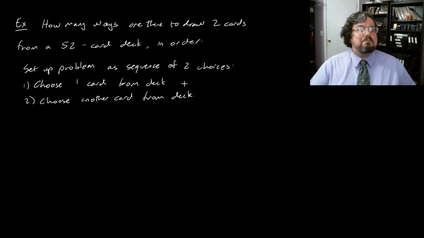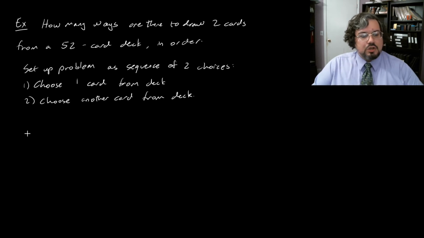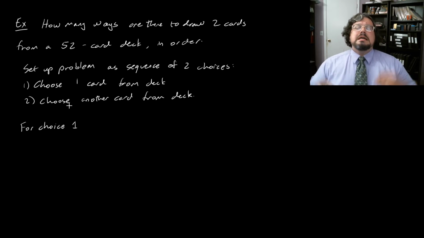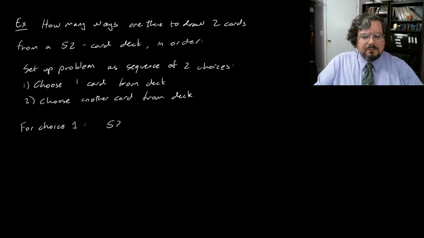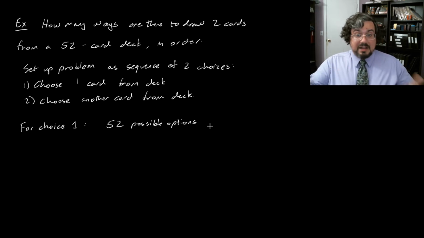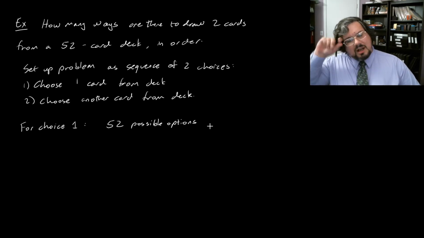And so if we can count how many options we have in each choice and multiply them together, we'll get our answer. So for choice 1, where we're drawing the first card off the top, we ask, in how many ways can that happen? Well, there are 52 cards in the deck, and any one of those could be on the top. So for choice 1, there are 52 possible options, which could occur. We could have any one of the 52 cards at the top.